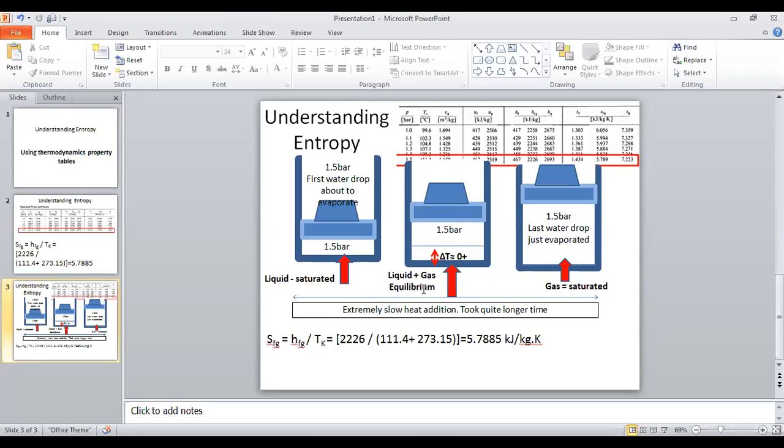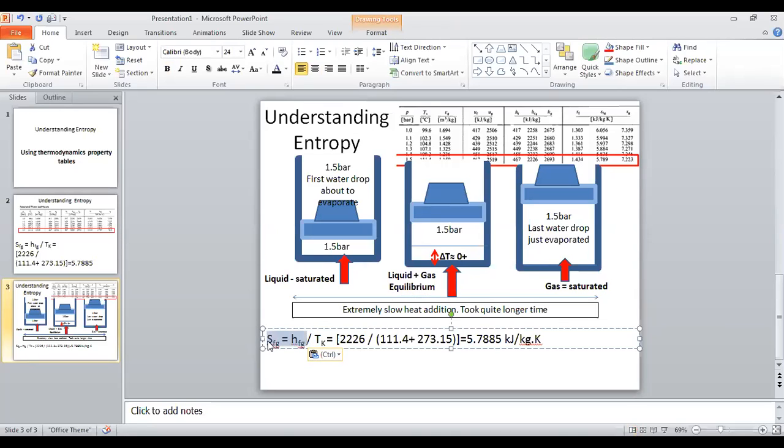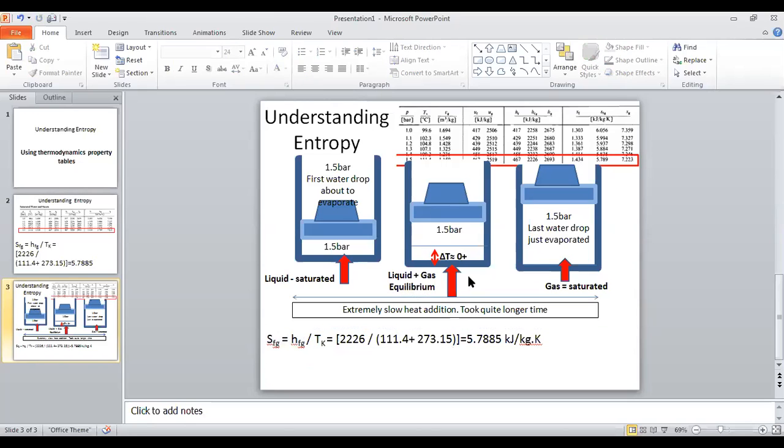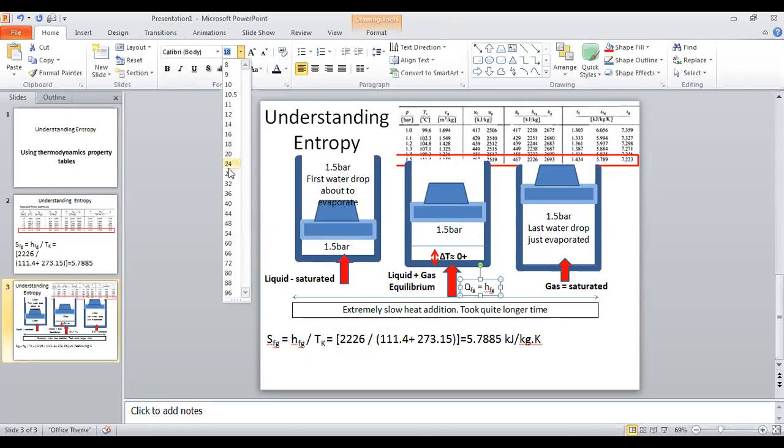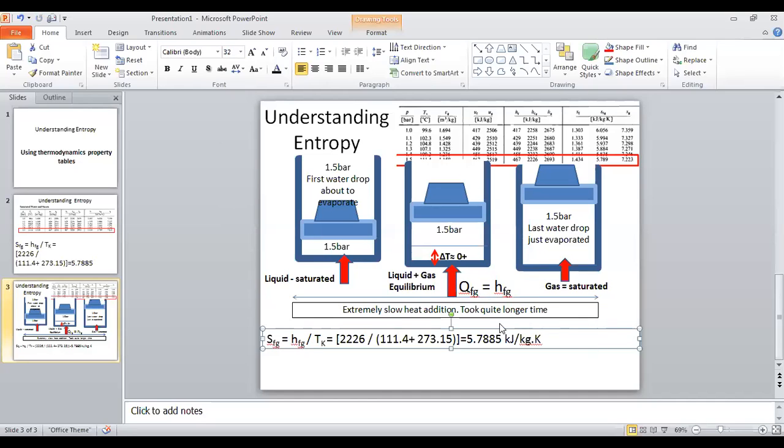Let's call this the heat requirement, Q. Q is the heat requirement from liquid to gas. That is the same as the increase in enthalpy for this case. QFG is HFG.